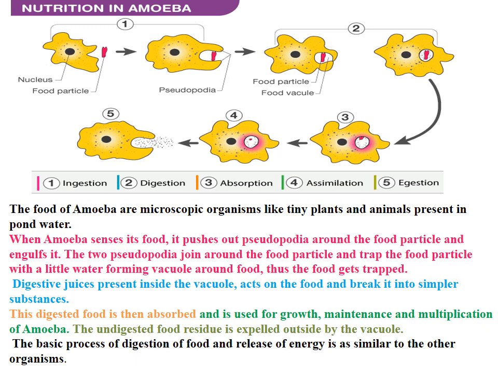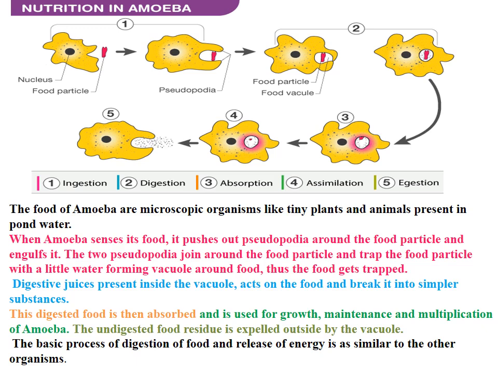Multiplication means giving birth to new organisms, that is from 1 amoeba to 2 amoeba, then 2 to 4. This takes place by the process of reproduction. So this process is known as assimilation, when the absorbed food is used for growth, maintenance and multiplication of amoeba. This is called assimilation.